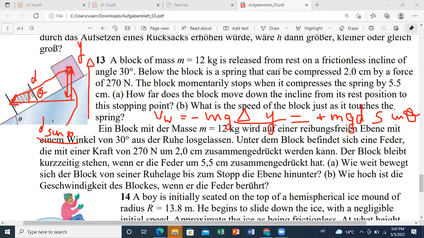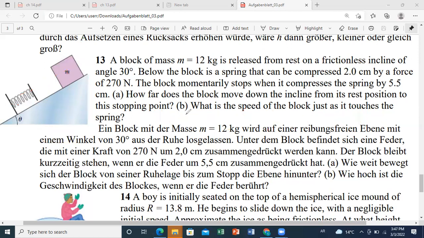Now, concerning the work of the spring, we know that the work of the spring equals half k delta L1 squared, which is the initial stretching or compression of the spring at state 1, minus half k delta L2 squared.